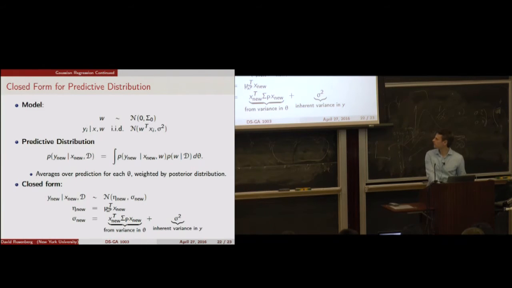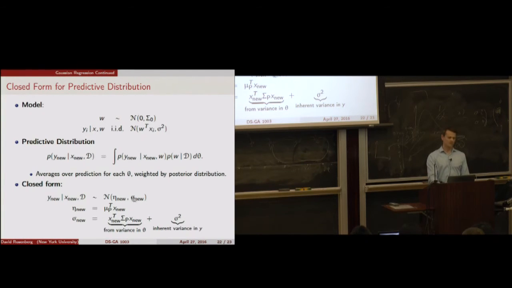It's the posterior mean for the parameter w. This mu p is all the way back from the posterior distribution of w, which has mean mu p and covariance sigma p. So mu p transpose x nu, that's our best prediction.